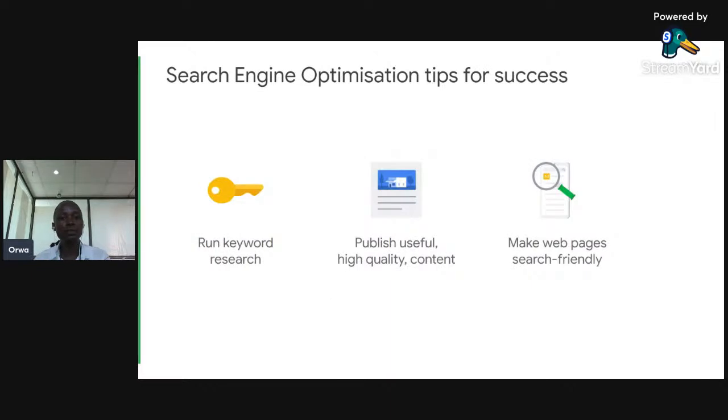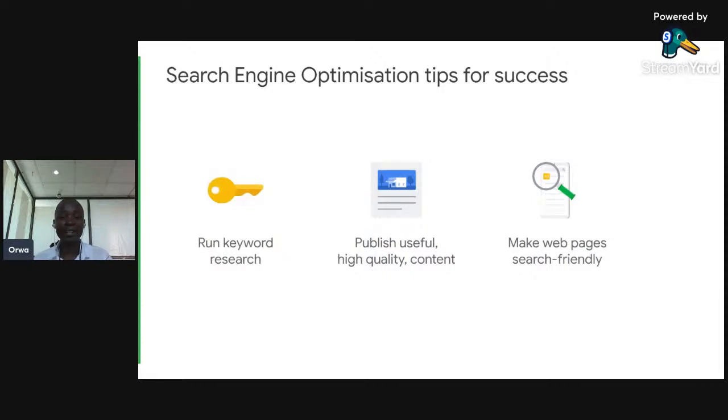Wonderful. So let's jump into some search engine optimization tips for success. If you need to succeed with search engine optimization and make your website appear when people search for it, the first thing you need to do is research keywords. Keywords are terms that people use when searching for a particular product.